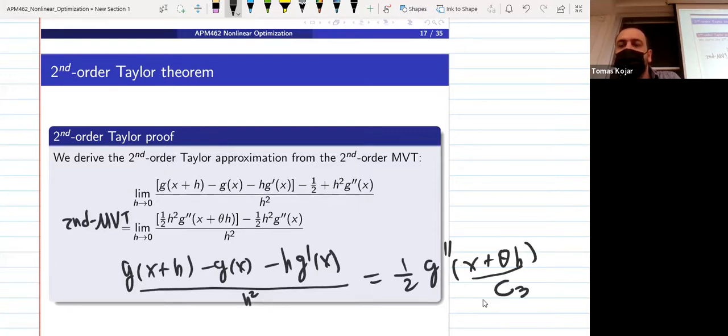This was the C3 that we found. So we apply mean value here, and then luckily we can factor out the h squared. So we have G prime of x plus theta h minus G double prime of x.